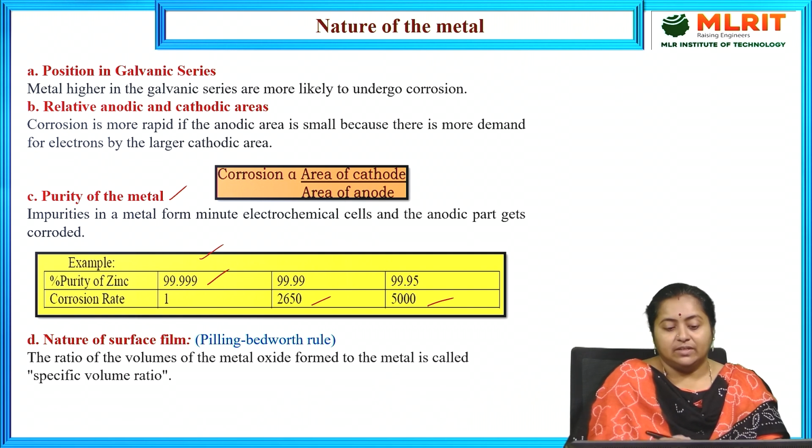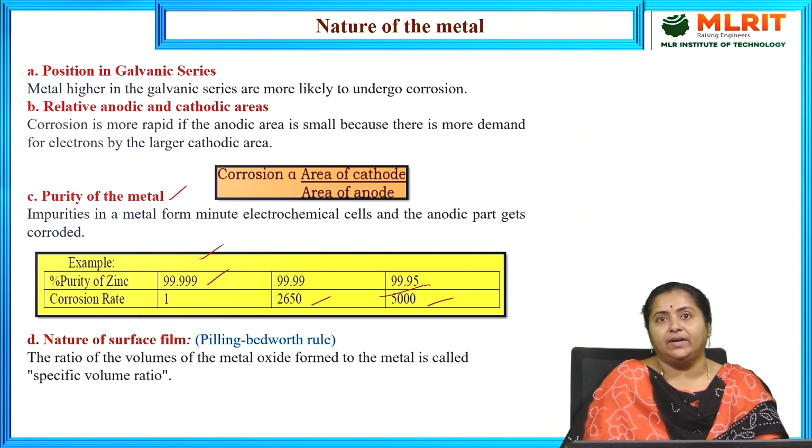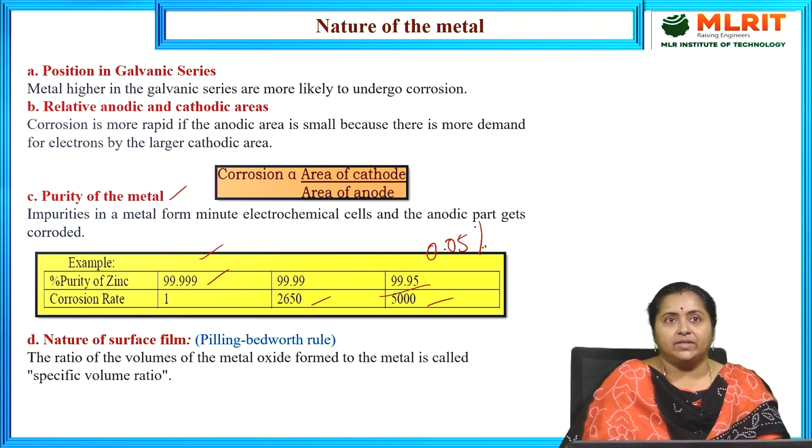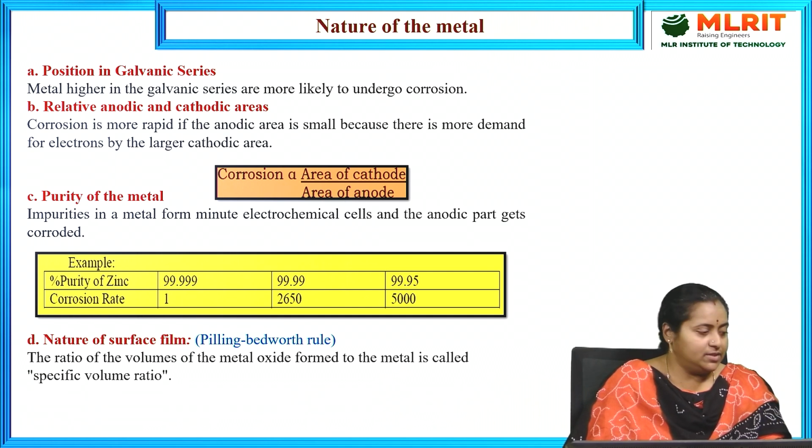If it is reduced from 99.99 to 99.95, that means 0.05% we have added impurities, and the remaining is all purest zinc, in that case the rate of corrosion reaction proceeds in a faster manner, that is at 5000. So the purer the metal considered, the less the rate of corrosion reaction.